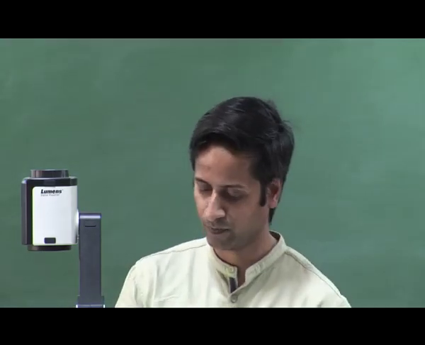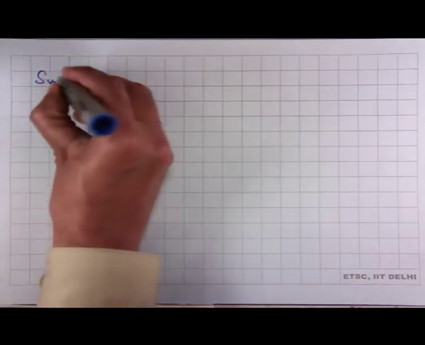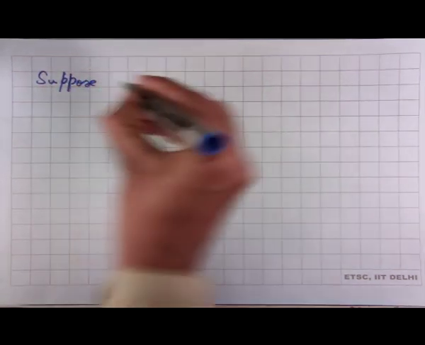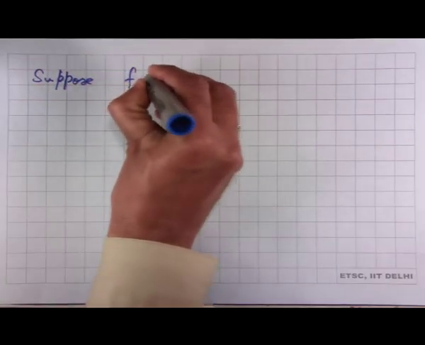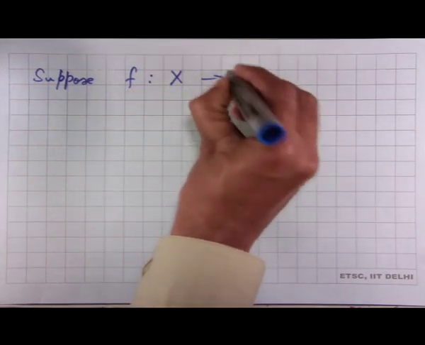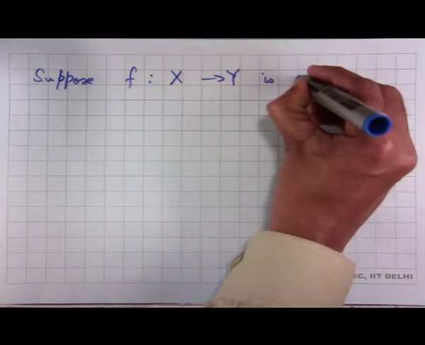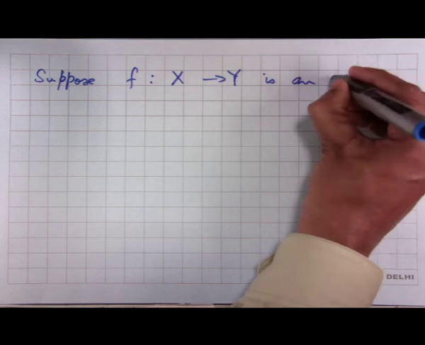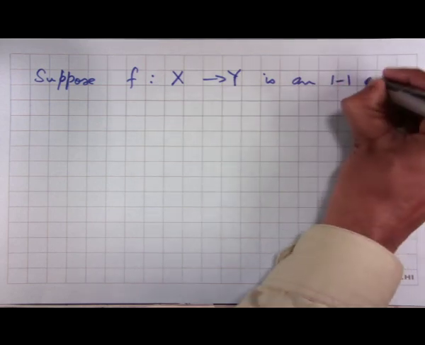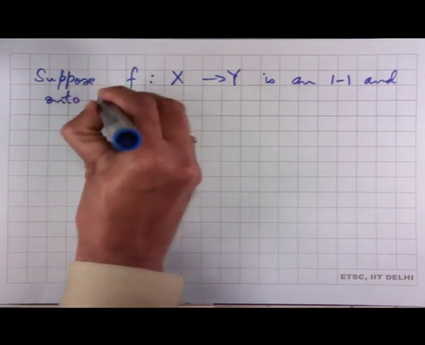Now, suppose f is any function from some set X to Y, and it is a one to one and onto function.